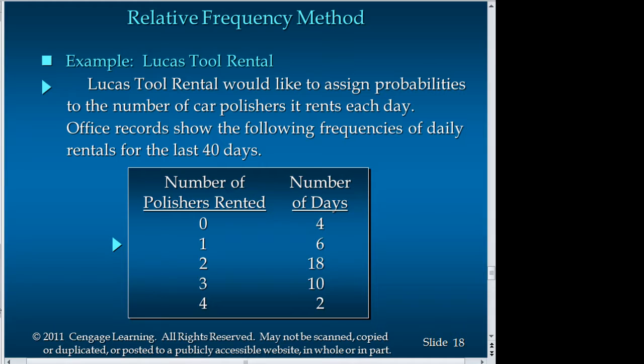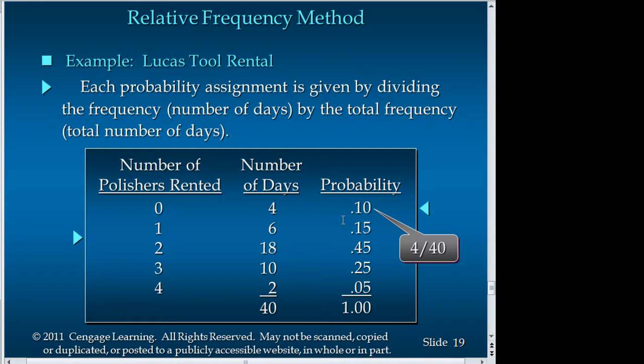Okay. Now, if that's the case, how do you assign probability? What would be the probability that you will rent out 0? Well, it would be 10%. How do they get this 10%? Well, they divide this 4 out of the total number 40, right?